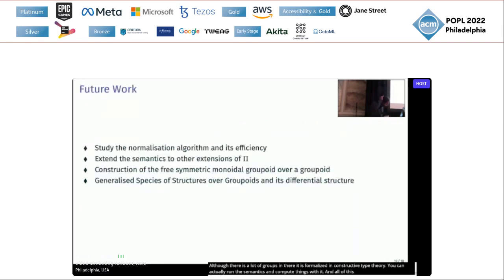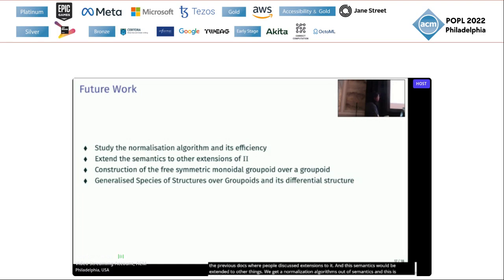Finally, I just want to point out that for this language Pi, we took a very small subset of it, but you might have gone to the previous talks where people discussed various extensions to it, and this semantics could possibly be extended to other things. We also get a normalization algorithm out of this semantics, and this is a new way of thinking about how to decide equivalence of reversible Boolean circuits.